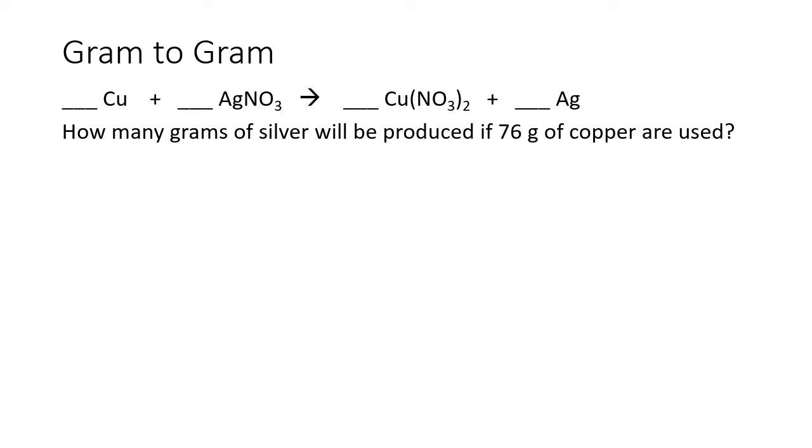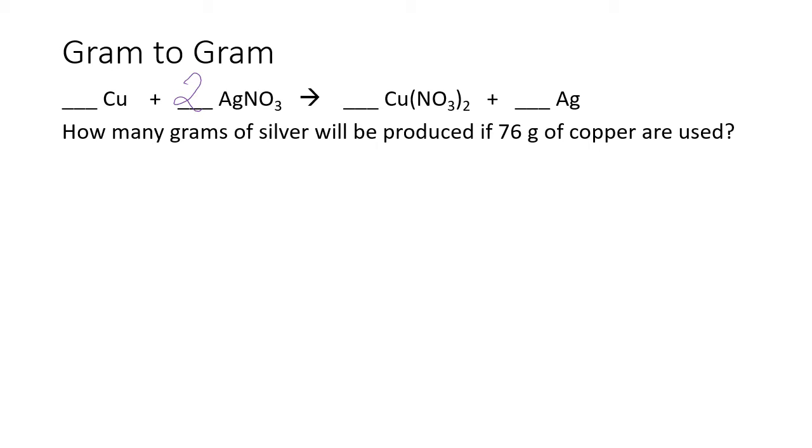In here we've got our equation. It needs to be balanced, so let's balance that out really quick. I have 1 copper here, 1 copper here, so those seem to be good. I have 2 NO3s here, but I only have 1 here, so I'm going to put a 2 here.